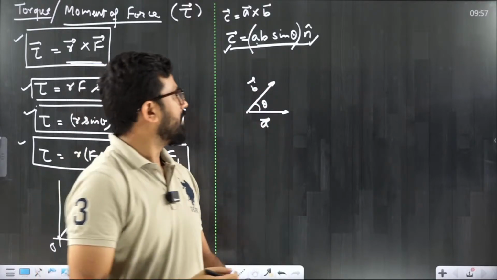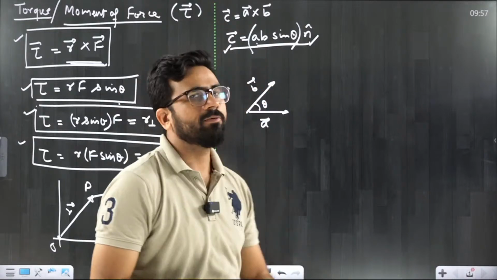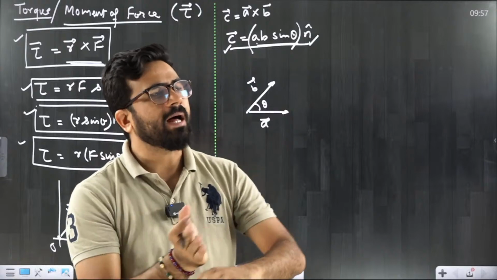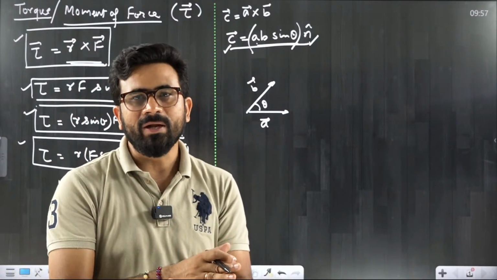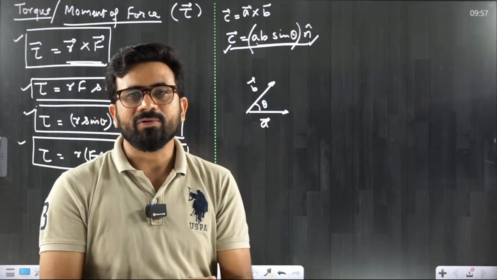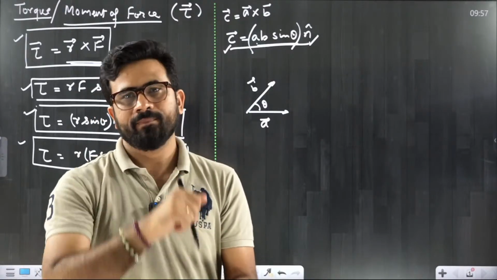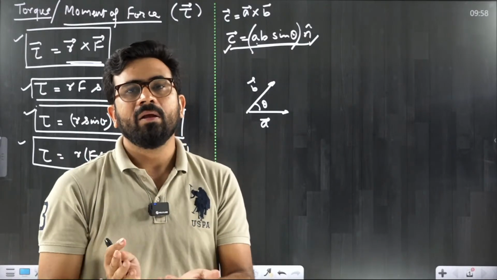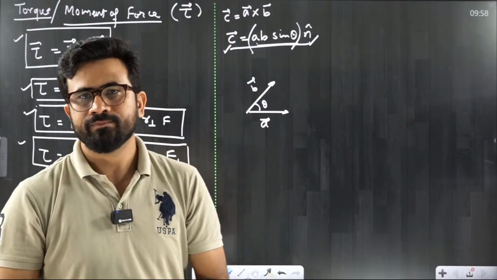That means C vector is perpendicular to A as well as B, or we can say C is perpendicular to the whole plane in which A vector and B vector lie.